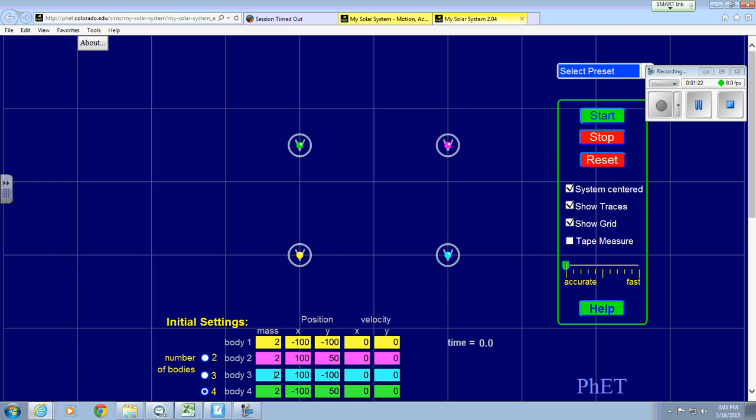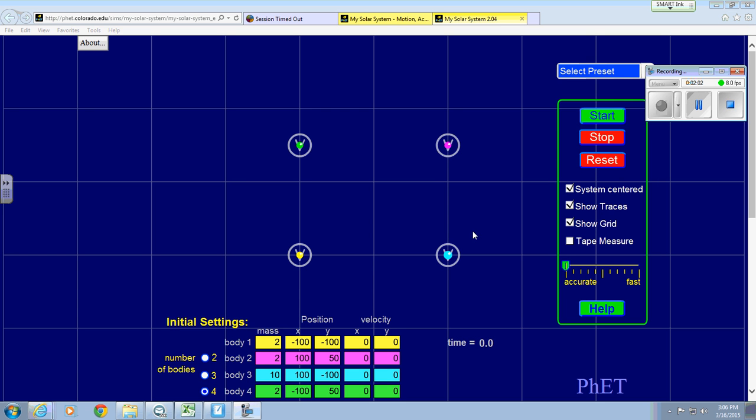If I reset this and maybe make the blue ball bigger, so let's make that a bigger mass, you can see the effect of the green ball is not as great on the yellow ball. The blue ball is now starting to tug on the yellow ball with a greater gravitational force. And you can see that the yellow ball is being pulled towards the blue ball at a more rapid rate as well.